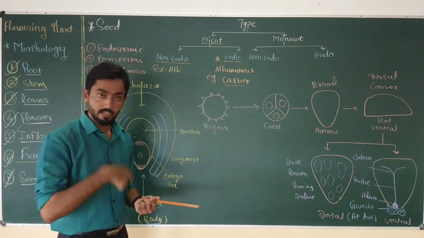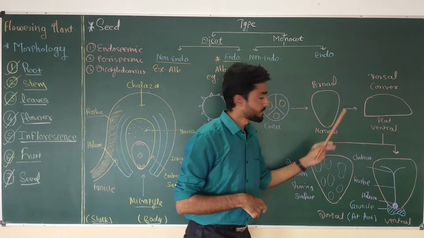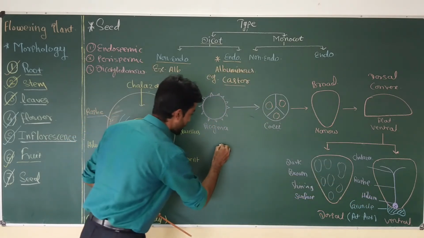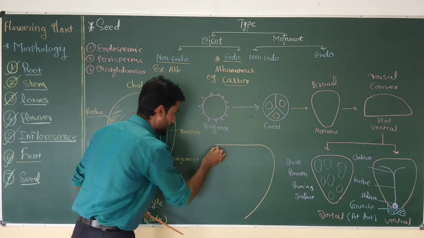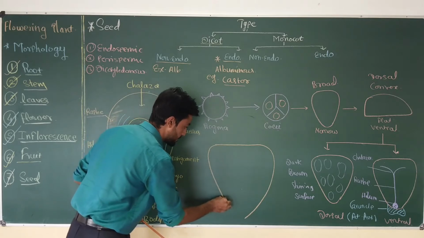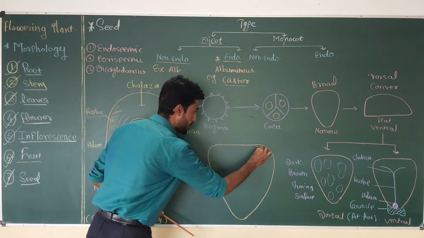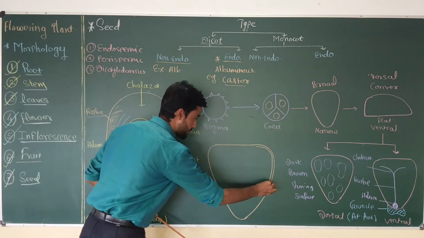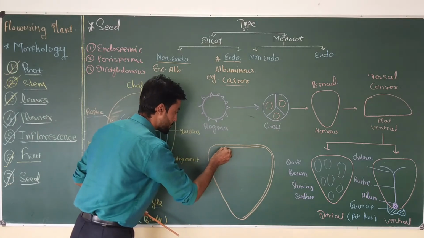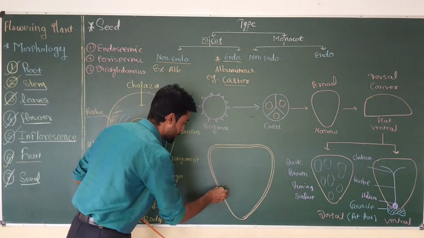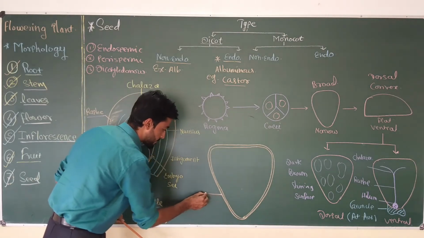When we consider internal structure, if we take a transverse section of the seed, in that case we can observe a number of different things inside the castor seed. So the outer wall of the castor seed is nothing but the seed coat, and this outer wall has two layers.